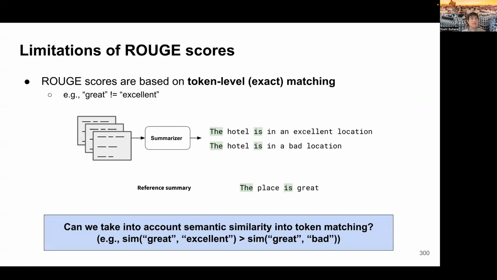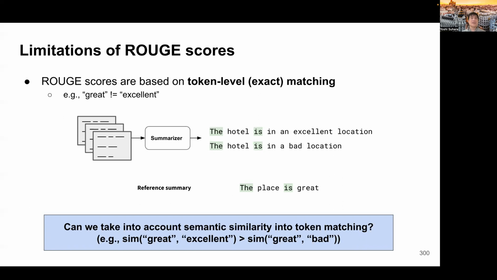This is intuitive, but ROUGE has certain limitations. One limitation is that ROUGE scores are based on token level matching. For example, the words great and excellent both show strong positive meanings, but are considered different tokens by ROUGE. Look at the two generated summaries and one reference summary in the slide.